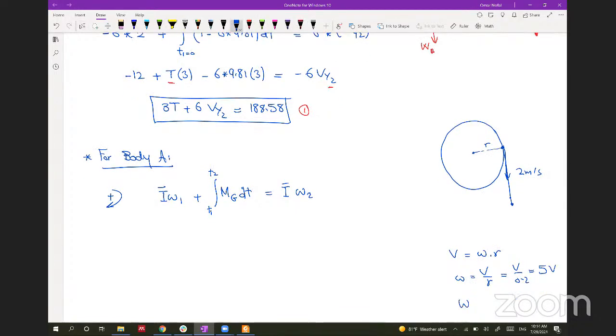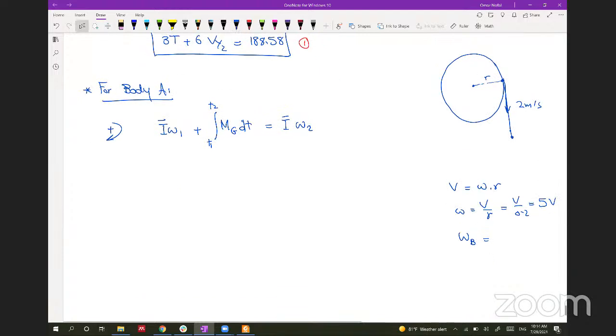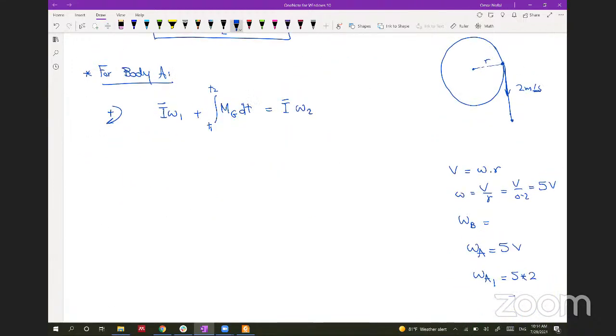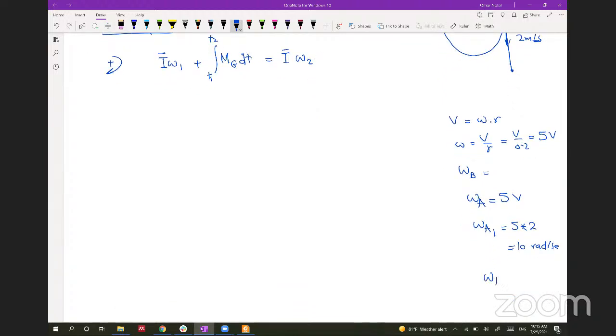So the omega of body A, sorry, this will be body A because body B is not rotating, will be equal to 5V. If we want omega A1, it will be 5 multiplied by 2 meters per second, which is given here, so it will be 10 radian per second. And if we need omega 2, it will be 5 multiplied by V2, which we don't know.